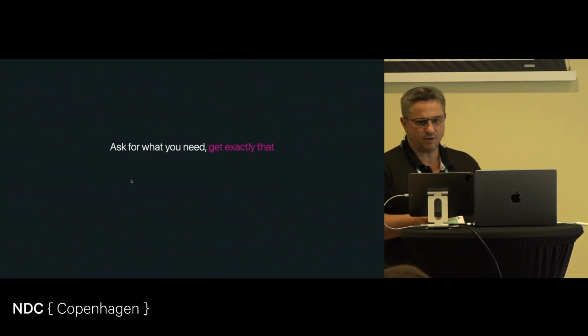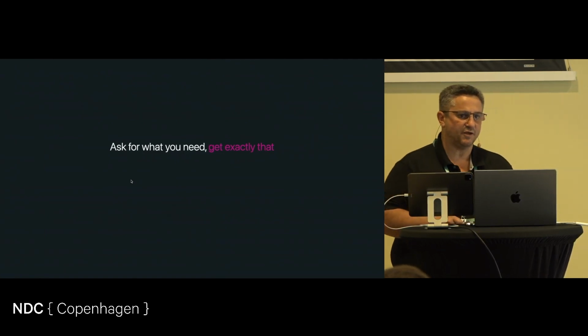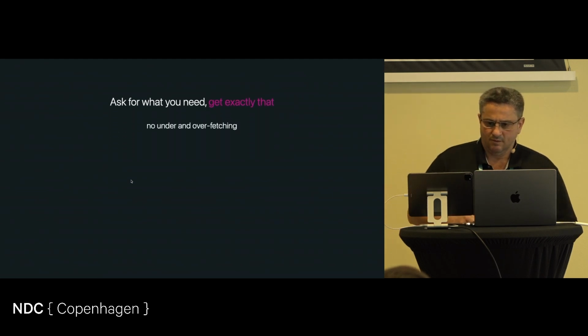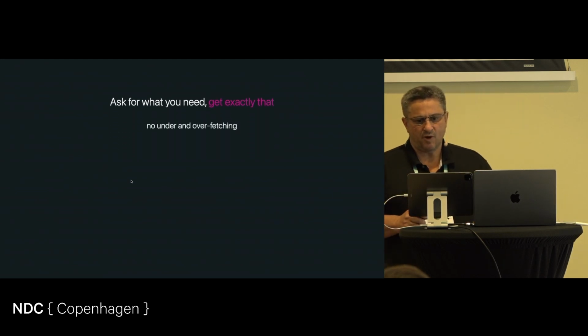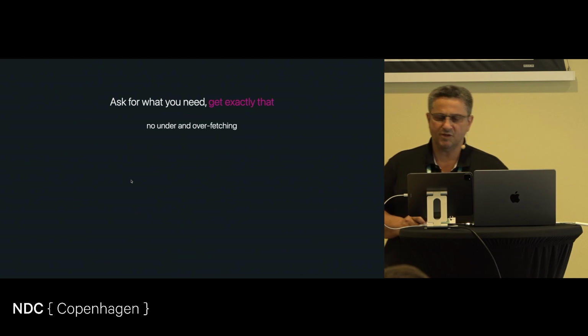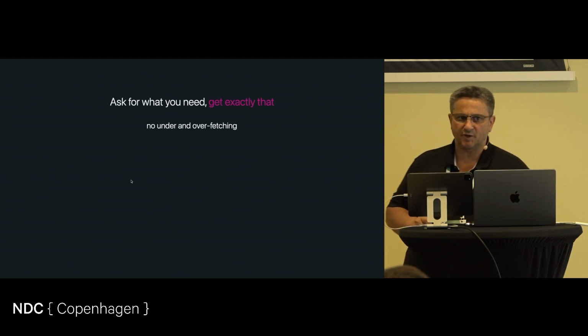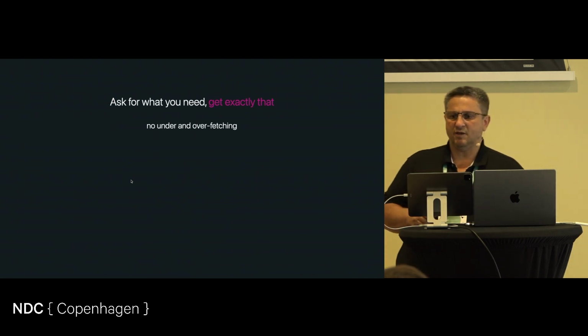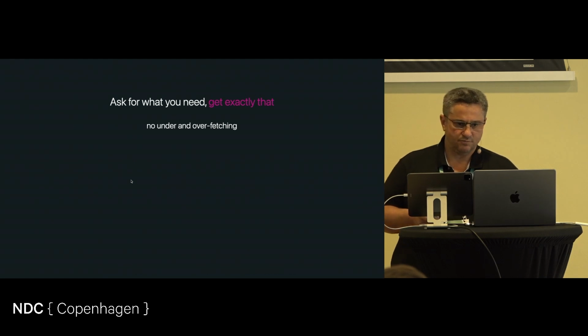Let's explore some traits of GraphQL. GraphQL ships the contract between the client and the server. The clients have the power to require what they want and get exactly that from the server. Nothing more, nothing less, which leads to a better user experience, especially on a slow network connection.